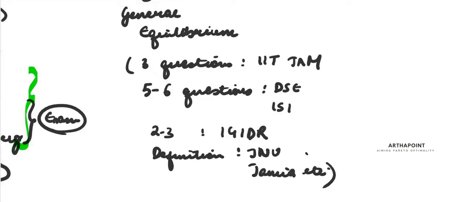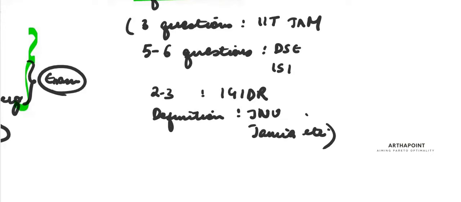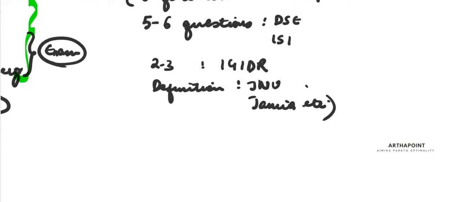One of the very, very heavy and important topics is general equilibrium. General equilibrium can be divided into approximately 3 parts. The first chapter in itself is called general equilibrium.